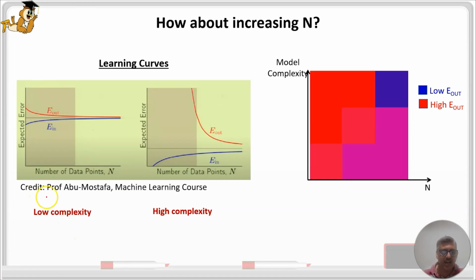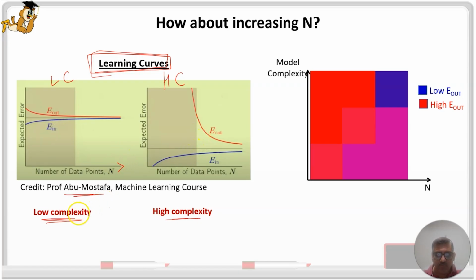Now, this is again an example created by Professor Abu Mustafa in his course. This is a low complexity model. This is a high complexity model. And when you plot the error Eout and En, these are known as learning curves, a terminology that you may want to keep in mind. The learning curves essentially plot Eout and En against n, increasing training data.